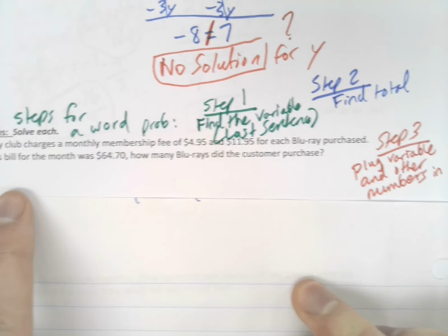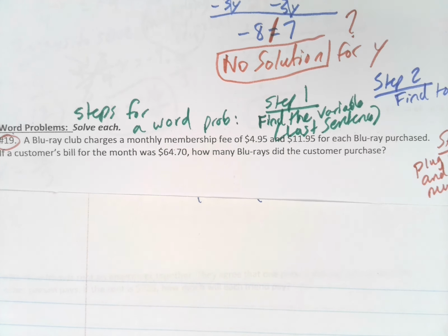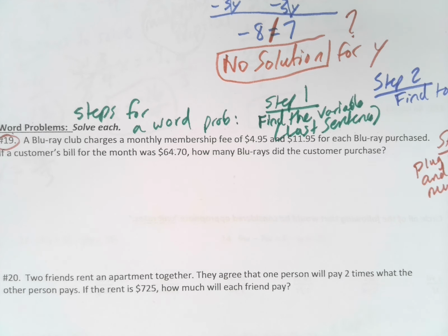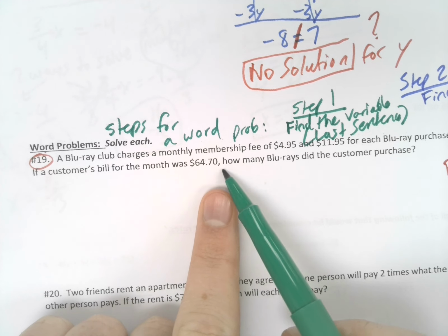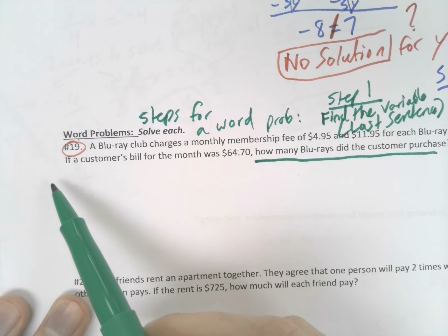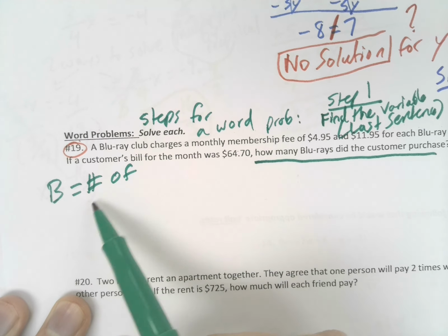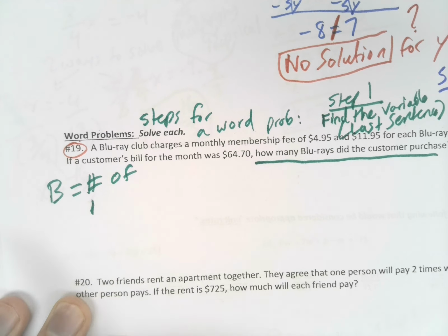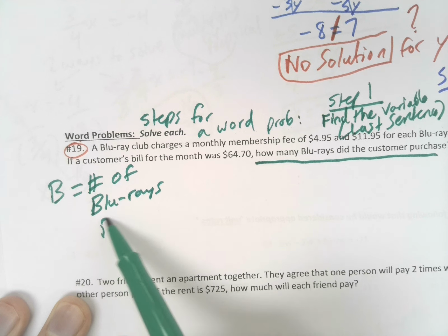So take some time. Let's read over number 19. Okay. So step 1, our variable. Last sentence, how many Blu-rays did the customer purchase? Okay. So I'm going to go with B. That's going to be the number of Blu-rays purchased.